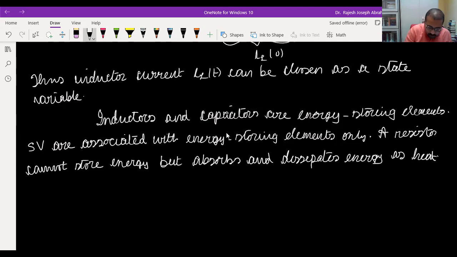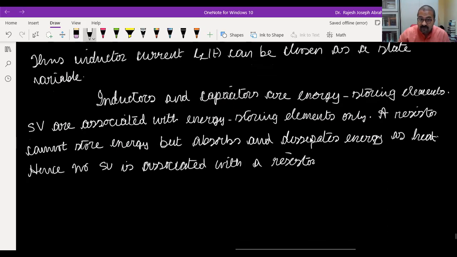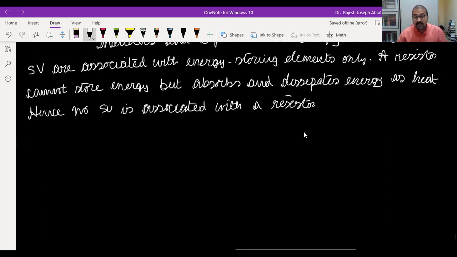So no state variable is associated with a resistance. State variables are associated only with energy storing elements, whereas a resistance will simply absorb and dissipate energy as heat. That's about electrical systems.